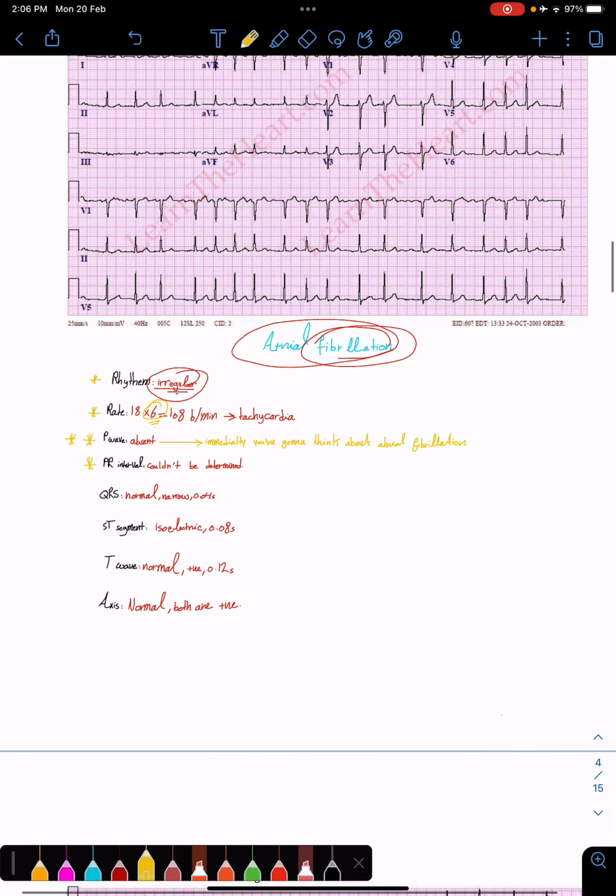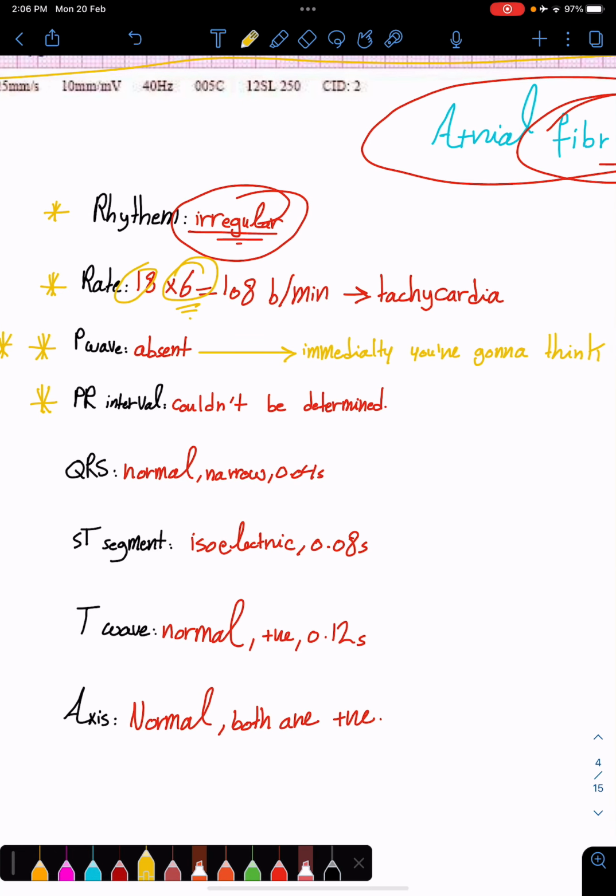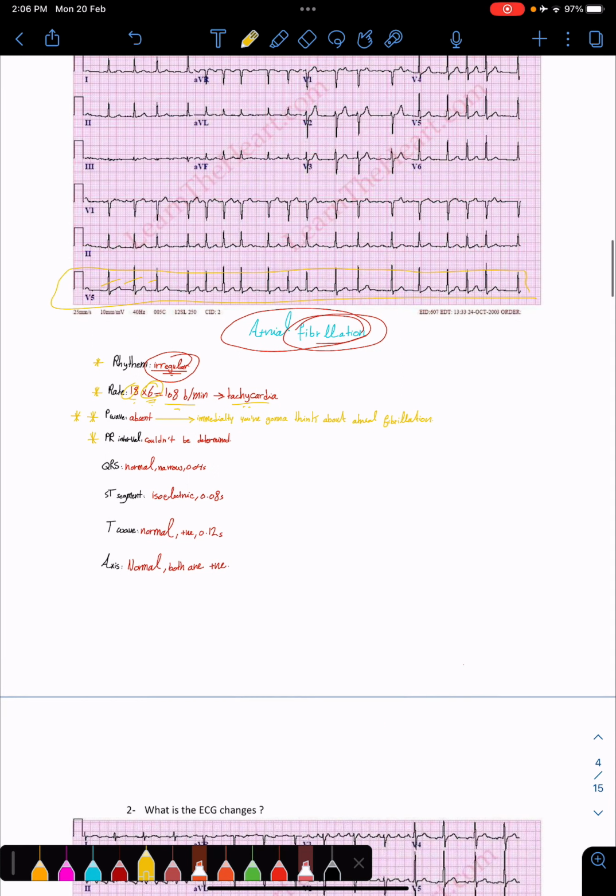Because when you count the number of R waves, it's going to be equal to 18. So the rate is 18 multiplied by 6, which is a fixed number. It's going to be equal to 108 beats per minute, which is considered tachycardia. Okay, this is about the rate.